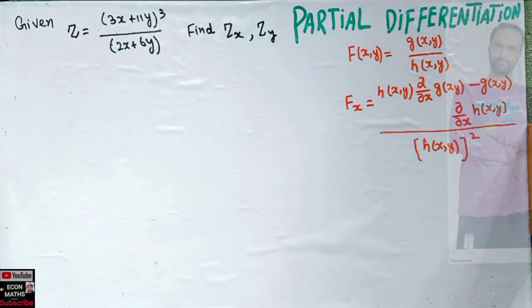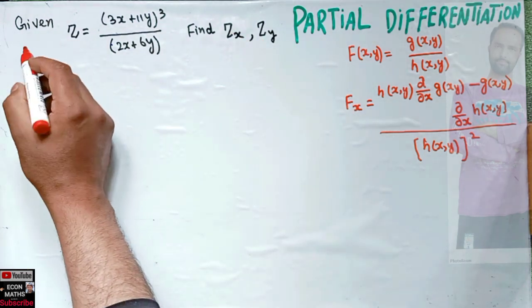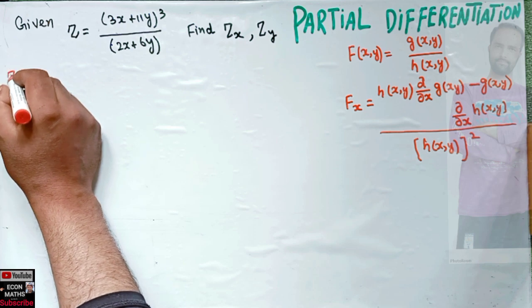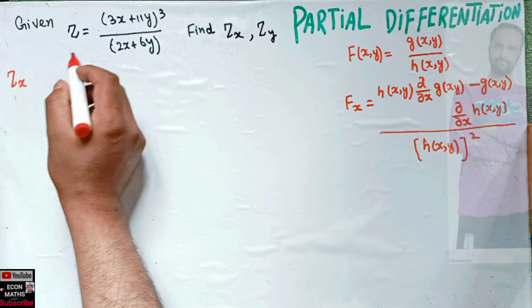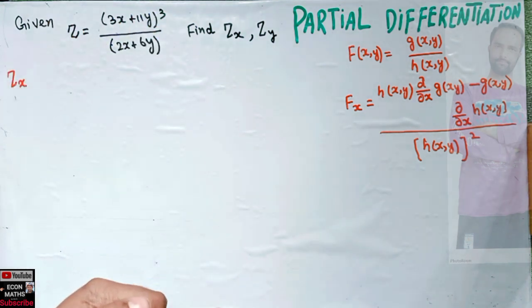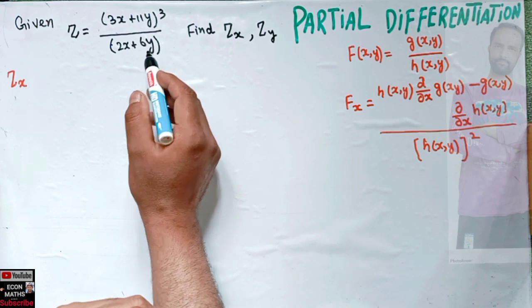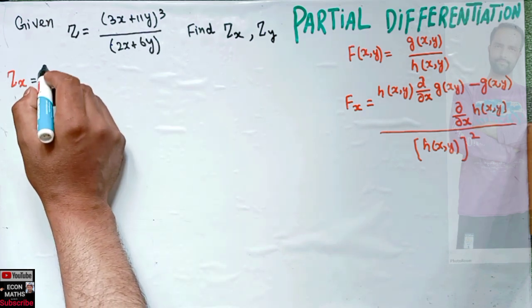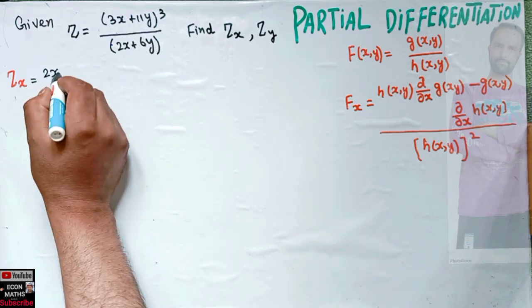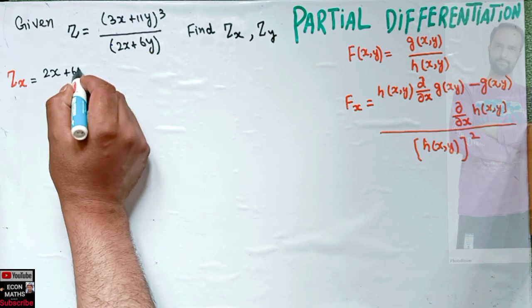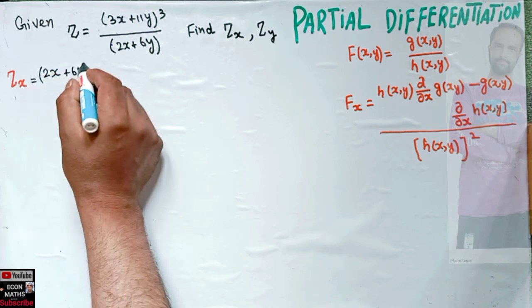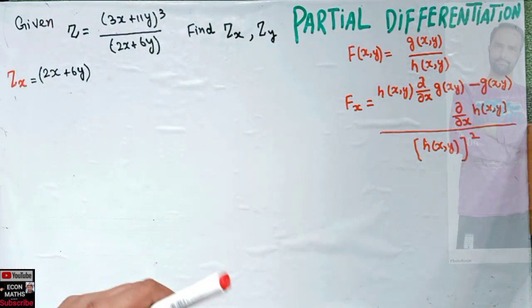Now first of finding z of x. z subscript x means taking the partial derivative of this function with respect to x. So let's give some intuition here. First we write this 2x plus 6y as it is, as I have explained here.